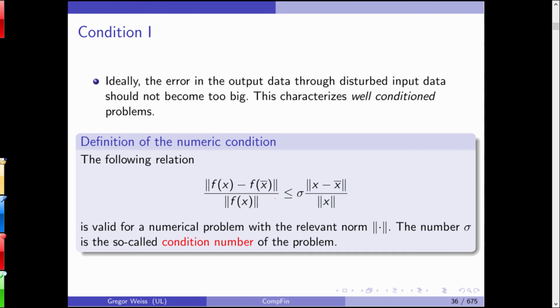So what does it mean? This is the relative error in your input data, and this is the relative error if your algorithm didn't cause any problems, if your algorithm worked just fine and didn't worsen the problem.